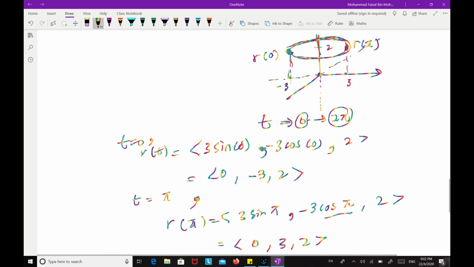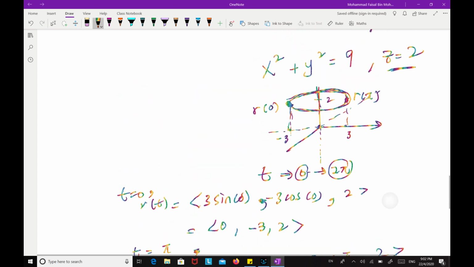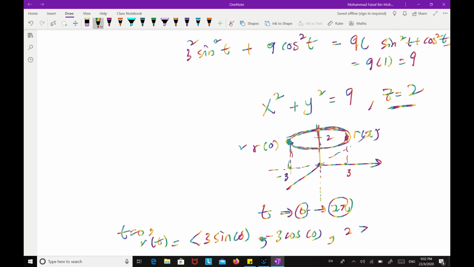And then r(2 pi) also here, 0, negative 3, 2. It is same as here. Okay, so you can see that the direction moves from here to here. So your direction will be like this, because I start with r(0), r(pi), and then r(2 pi) is here. So it will be like this. Okay, and then the position vector will be from origin. You just add.